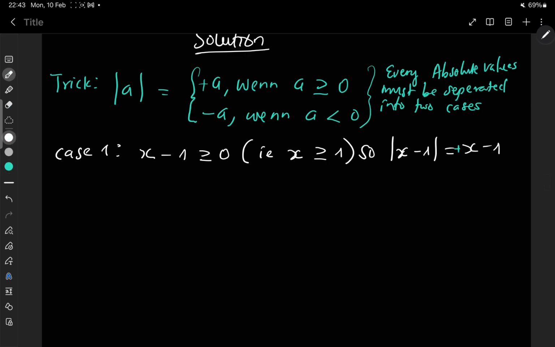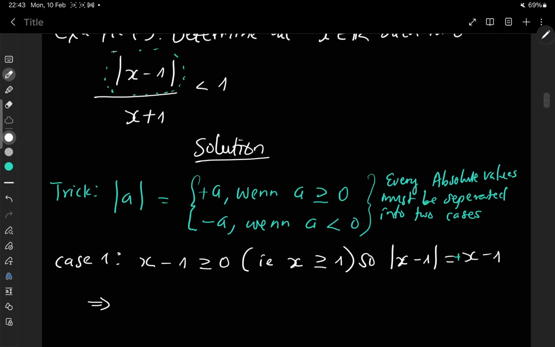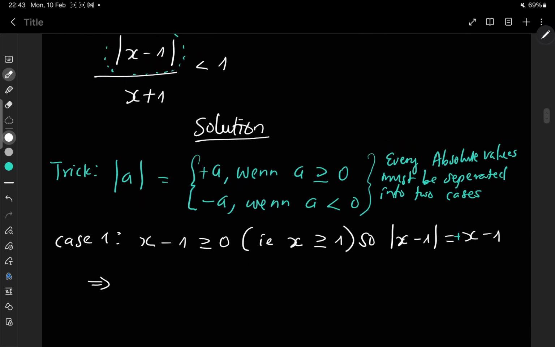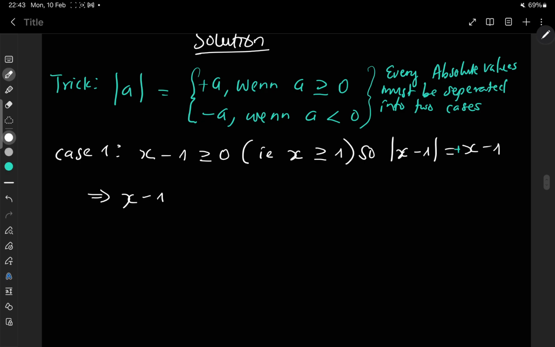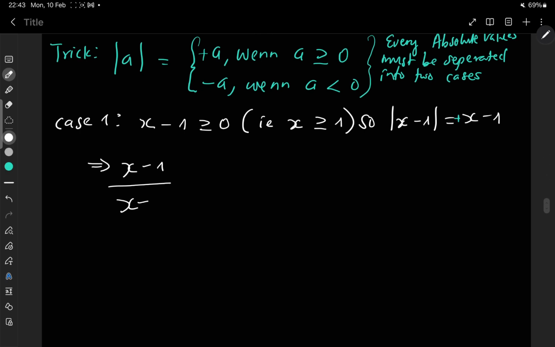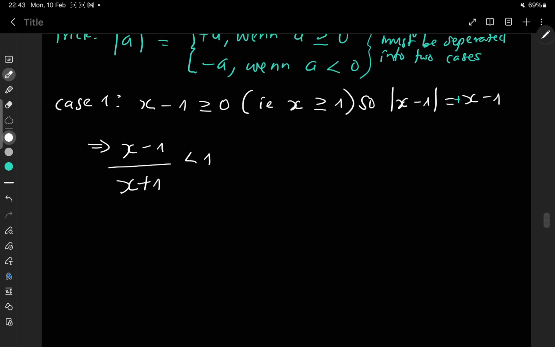So we'll now solve with respect to this case. With respect to this case, the question will now turn to x minus 1 all over x plus 1 less than 1.